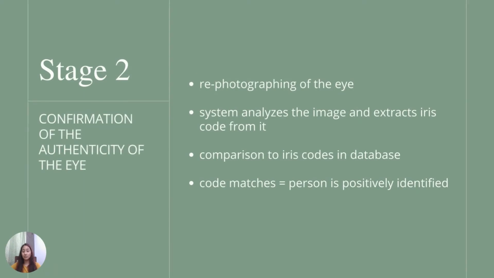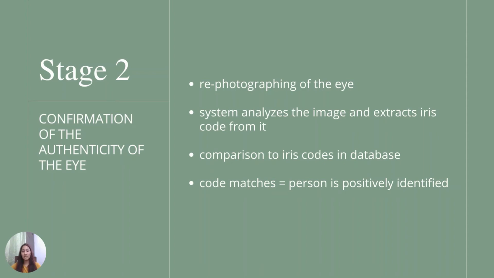In stage 2, once the iris photo has been entered into the database, your identification process will be easy and hassle-free. The person stands in front of an iris scanner connected to the database and goes through a quick rephotographing of the eye. The system quickly analyzes the resulting image, extracting an iris code from it.